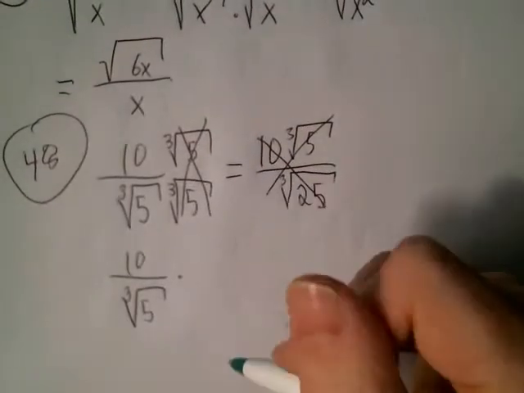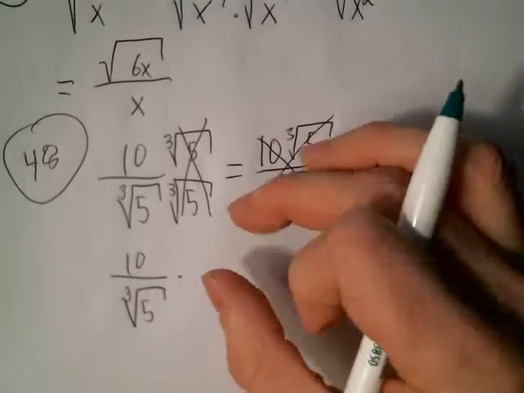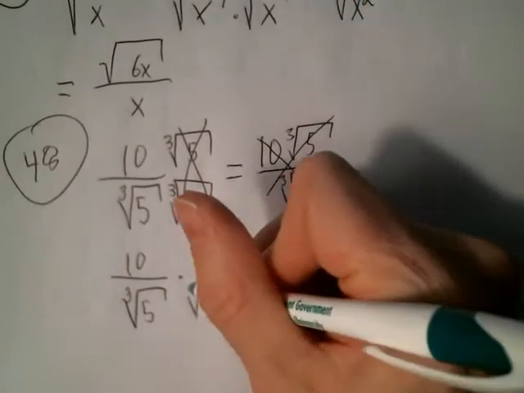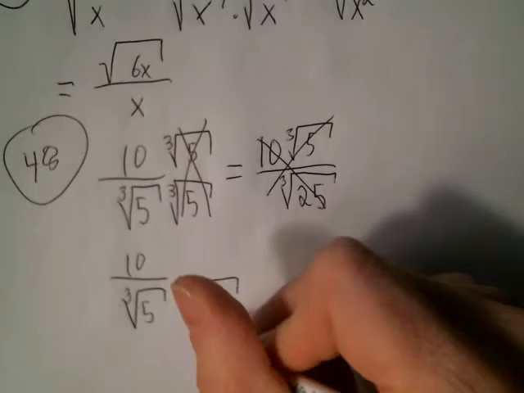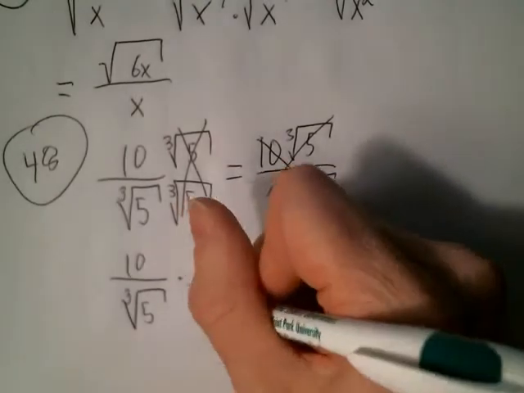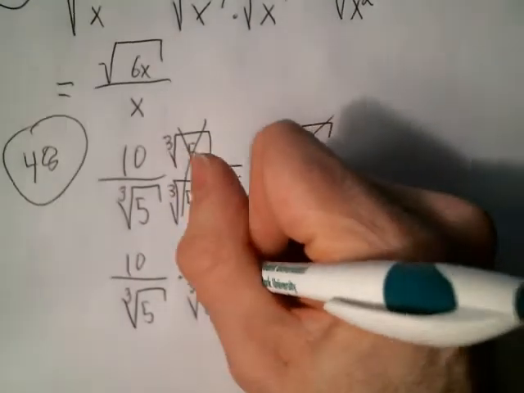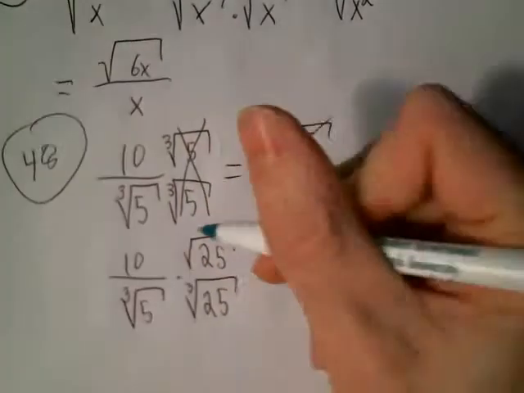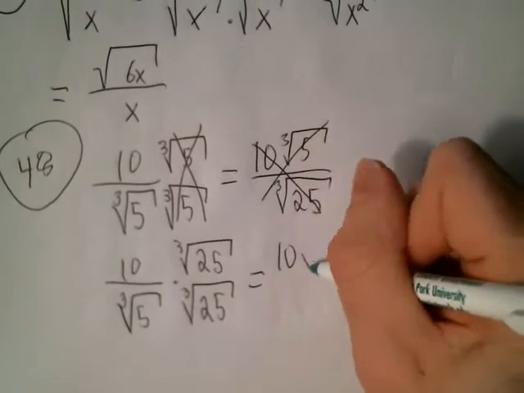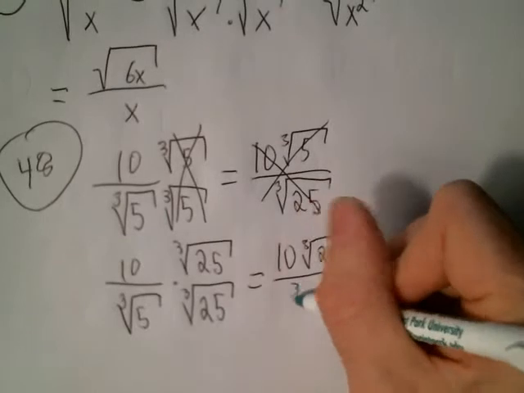The best choice, and you can think of a lot of choices, is kind of like a least common denominator thing. You don't want to use something that's huge and unwieldy. We want the smallest number that will give us a perfect cube when we multiply it out. So if you multiply by 5 squared, which is 25, it should work. If you do it in the bottom, you have to do it in the top. So I'll end up with 10 cube root of 25 all over the cube root of 125.